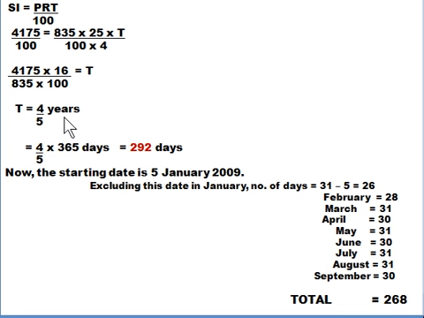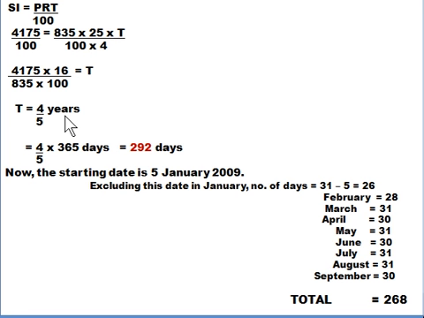Now 4 upon 5 years is the time, but we have to deal with the starting and the ending date. For that we require the number of days. One more thing that I have told you earlier: no matter whether the year is a leap year or not, the total number of days in a given year will always be taken as 365 days. The reason being, for each individual year, the number of days is equal to 365.25.